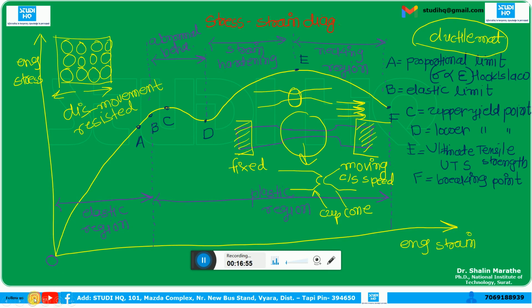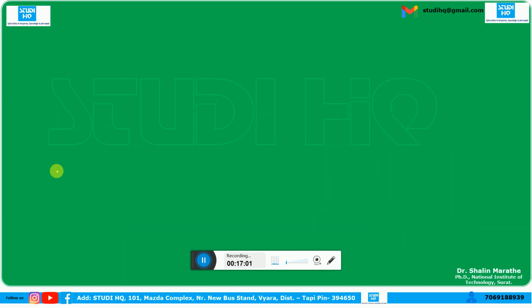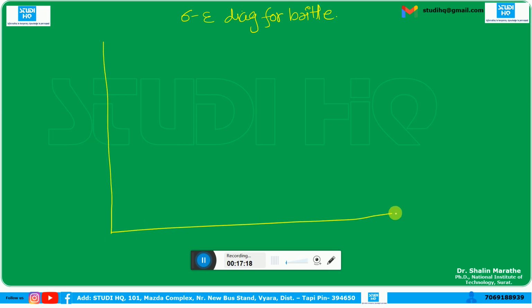Now let us see how it looks for the brittle material. Okay, how it looks for the brittle material. So let us consider the stress strain diagram for brittle material. If I have to draw, then it will be like this.